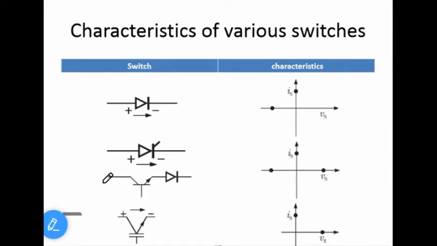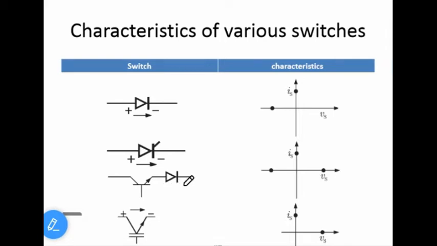Forgot about the third case. If you apply the forward voltage and the control signal is applied, meaning I am applying the base current, then what happens? This BJT will be turned on. Since the BJT is turned on, the voltage across the BJT is 0. Since I am applying a forward voltage, the diode will be turned on.